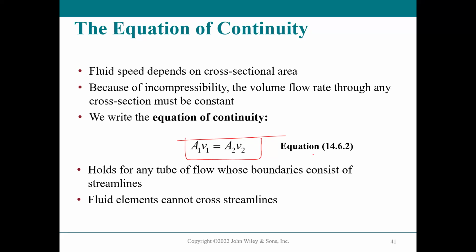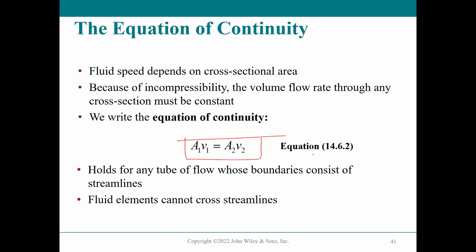And we define time, because we know that the volume of a cylindrical object is A times displacement. A times the displacement divided by time is equal to A times speed. So displacement divided by time is speed, right? Velocity. So this becomes A input, V input equal to A output, V output.